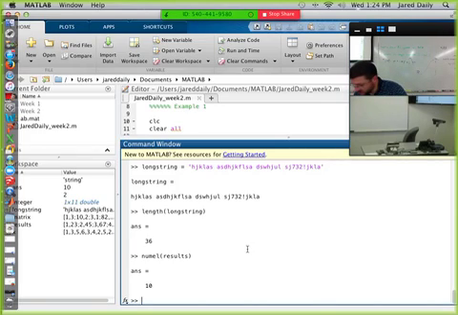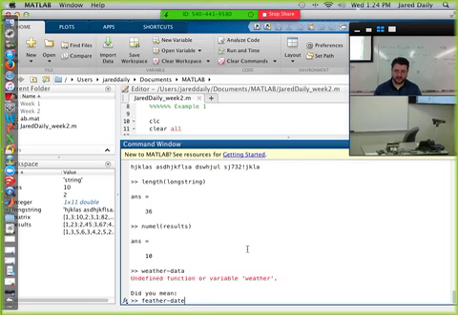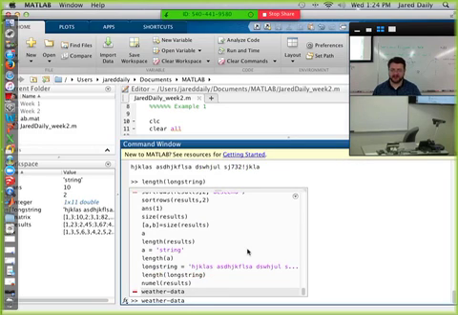I think I can download a file. I'm looking for a file name really quick. I'm going to download a file here really quick. Let me see if I can find it.